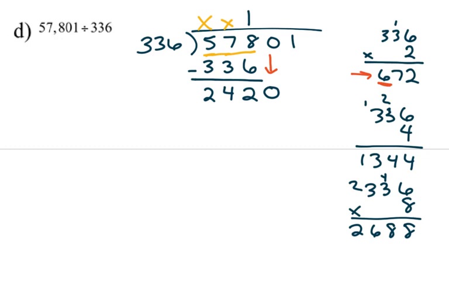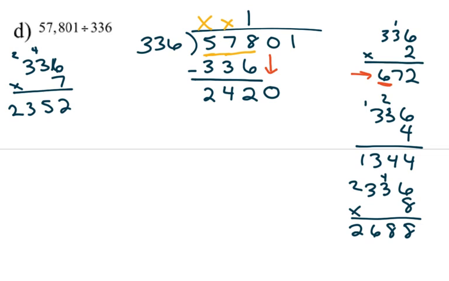So I'm going to come over on the left because I ran out of room on the right-hand side here. So 336 times 7 might do the trick here. 6 times 7 is 42. 7 times 3 is 21, plus 4 is 25. 7 times 3 is 21, 22, 23, and so we have 2352.